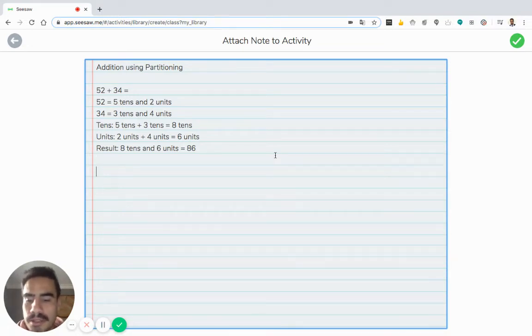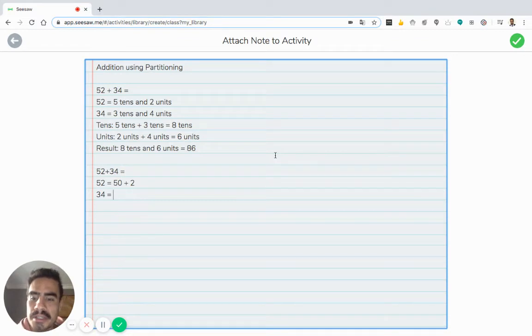Now we have another way of doing. Let me write again the exercise. We can break 52 and 34, but only using numbers. So let's see. 52 is the same of 50 plus 2. You also practiced this last week. If you have any question, you can go back there.